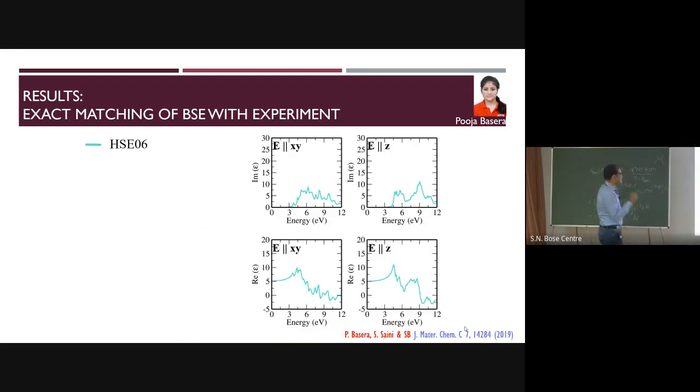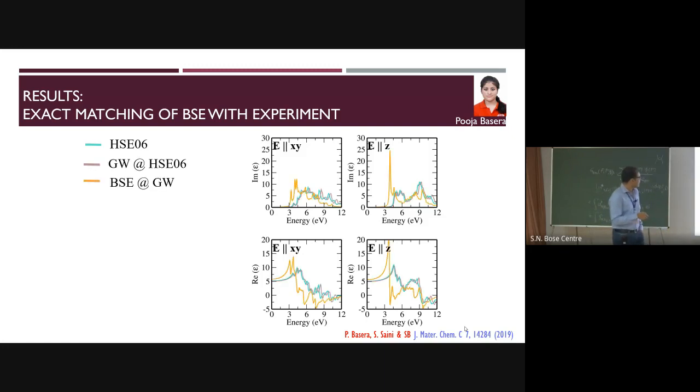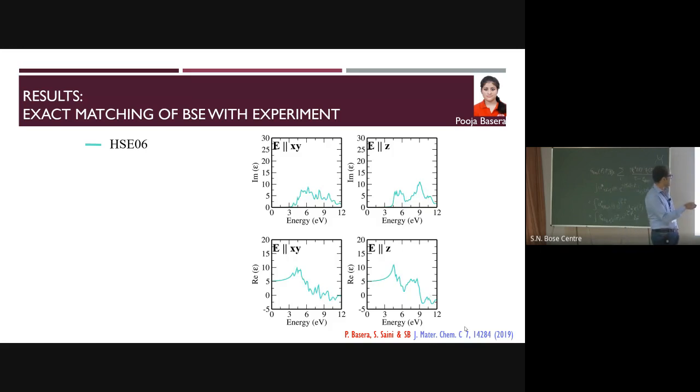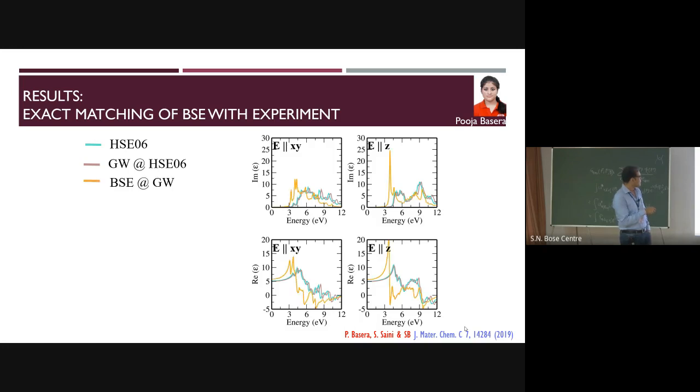So this is also the situation. Your HSE is basically reproducing somewhat like this. This is HSE for TiO2, this is GW, and this is BSE on top of GW, and you see this excitonic peak is very much there.